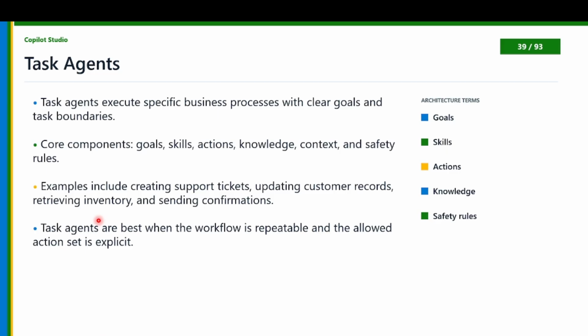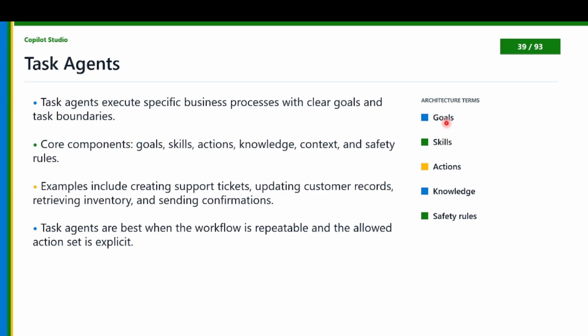It also allows you to select models based on the complexity of the task, a small language model or an LLM. It allows you to fine-tune, give system prompts and user prompts, and connect to index databases like graph databases and so on. So these are the architecture terms you should understand here in Copilot Studio Task Agent.